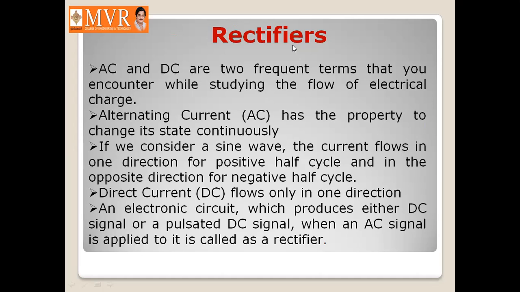Here the rectifier is going to convert that bipolar signal into a unipolar signal, that is, it is going to make the total current flow in the positive direction. We can also say another statement: the circuit which is going to convert the alternating signal into pulsating DC is a rectifier.